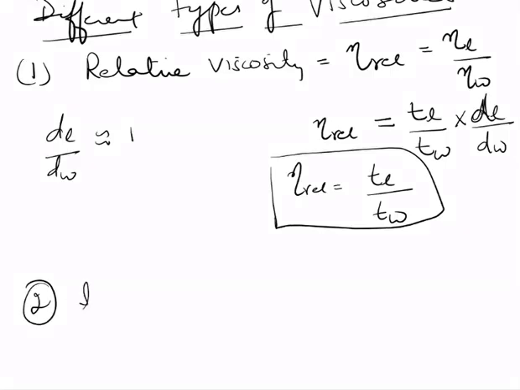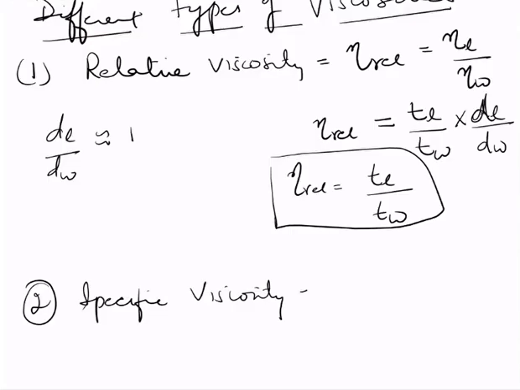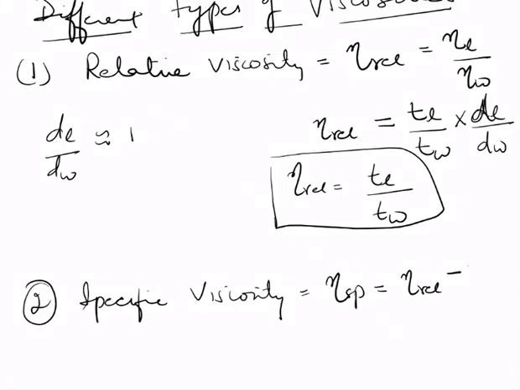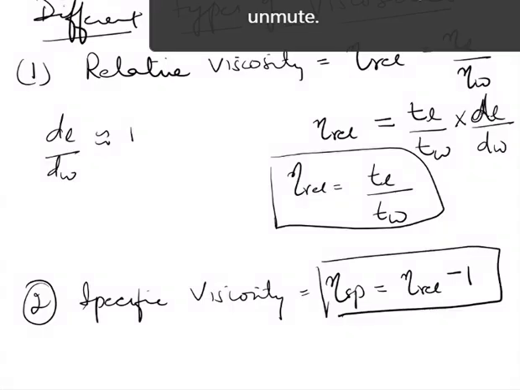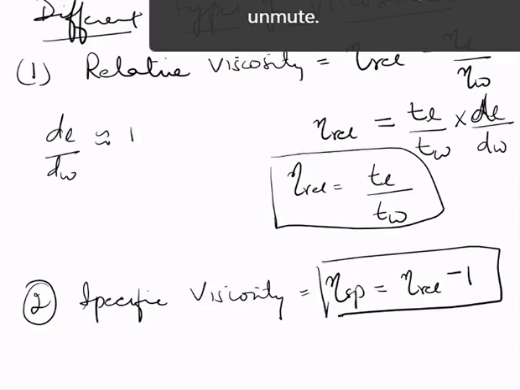So the second viscosity, this is the relative viscosity. This we have the specific viscosity, which is basically defined as eta specific, which is equal to eta relative minus 1. Okay. So this relationship can also be used to find out the eta specific.